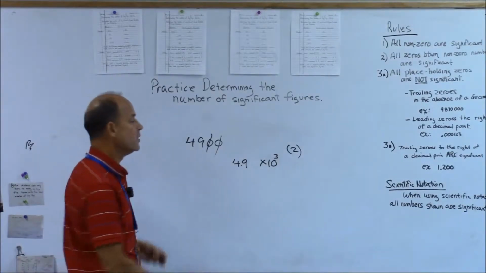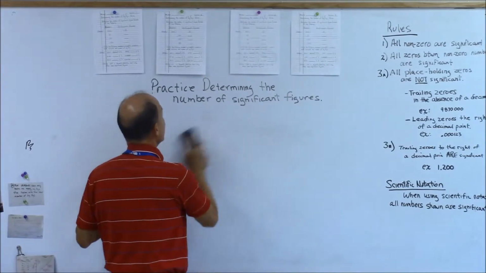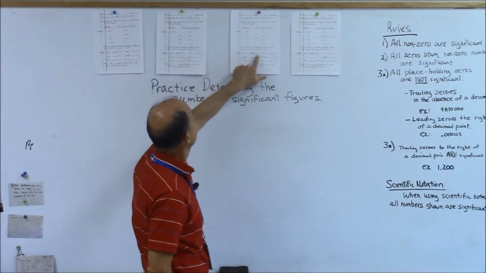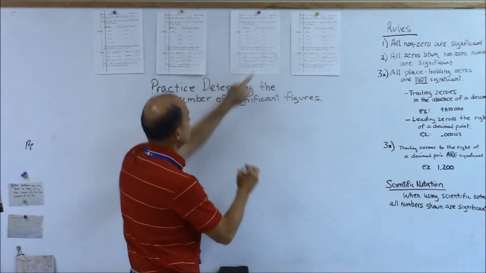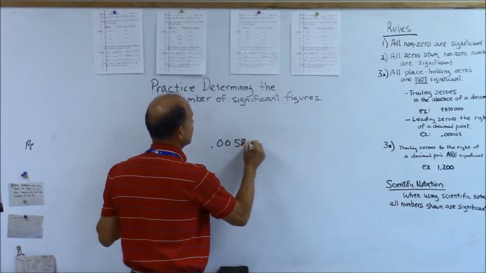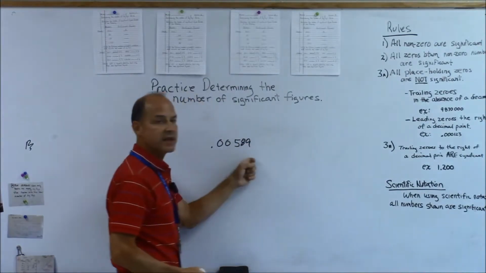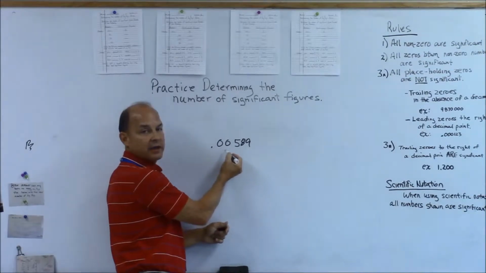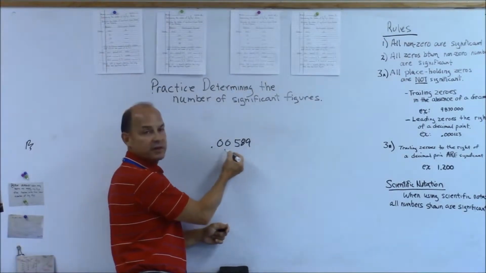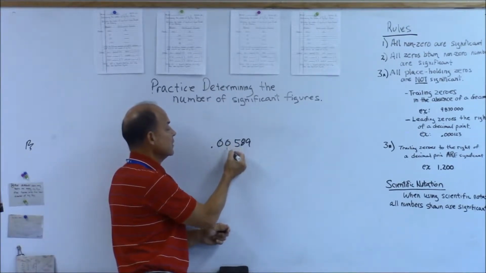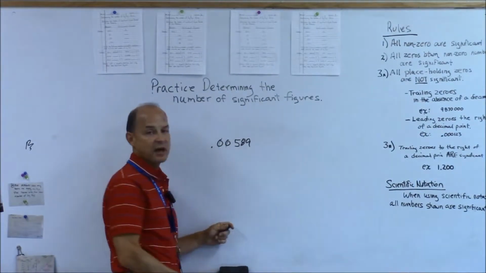If you do several examples, and we will, I think you'll be fine. Let's take another example from version number 3, 0.00589, written in standard notation. These zeros are leading. These zeros are to the right of the decimal, and they're leading. They're only holding place. So this is not a significant digit, and this is not a significant digit.